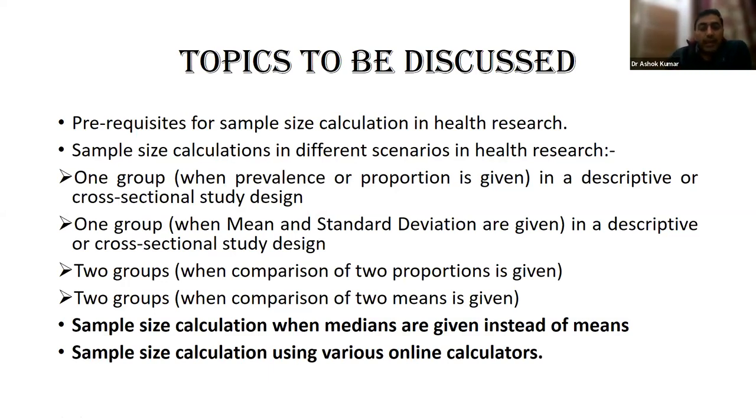When we talk about categorical or qualitative variables, we have to calculate sample size from prevalence, proportion or percentage. And when we have a quantitative outcome variable, we have to calculate sample size using mean and standard deviation, whether we have one group, two groups or more than two groups.